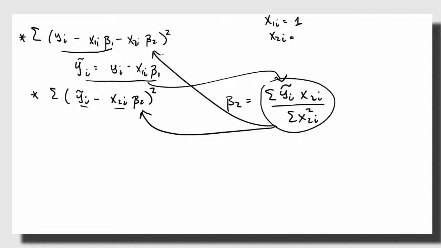What it works out to be, and this is the interesting part, is that the regression slope for beta 1 is exactly what you would obtain if you took the residual of x2 out of x1 and x2 out of y, and then just did regression through the origin.